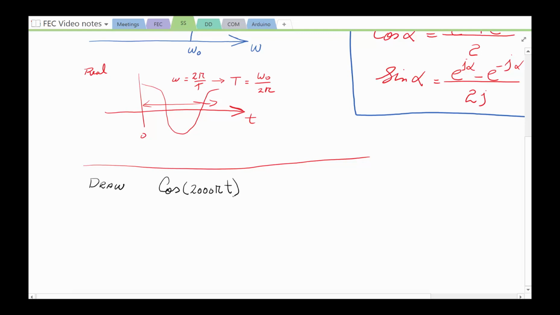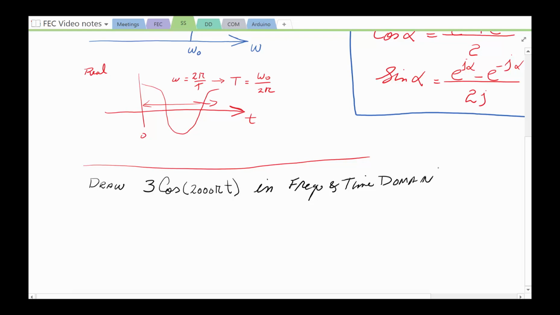Let's put a number in there so it's not boring. I'm overusing 2, so let's be exciting and call it 3, so we have different numbers in here. So draw this in frequency domain and time domain. You want two drawings, one in time, one in frequency.